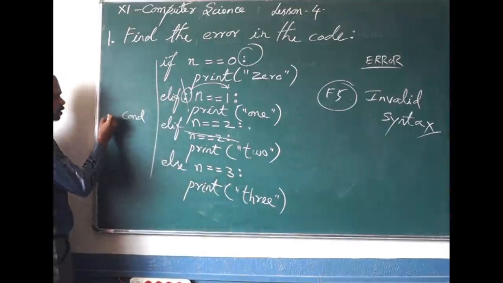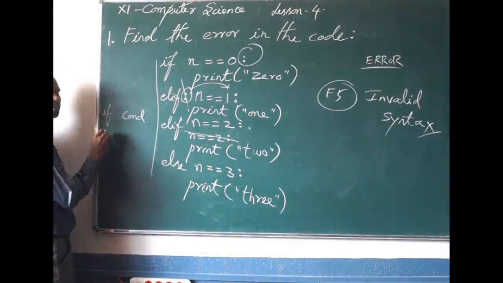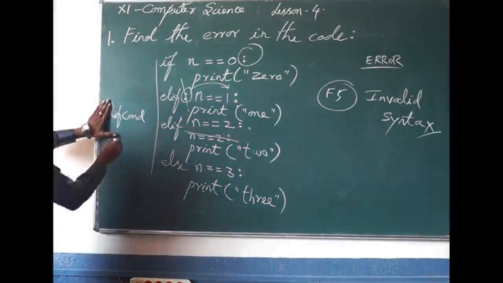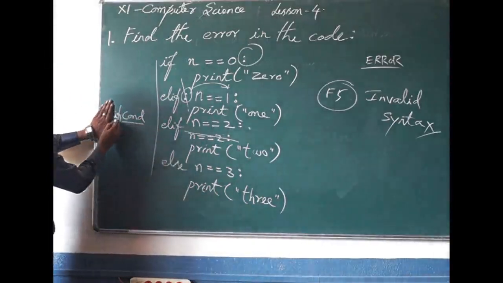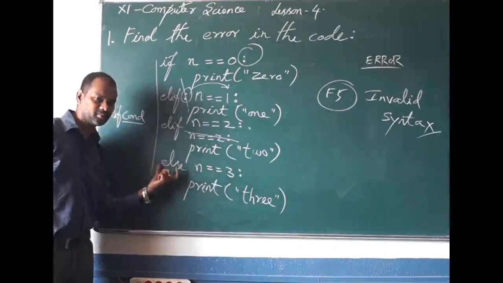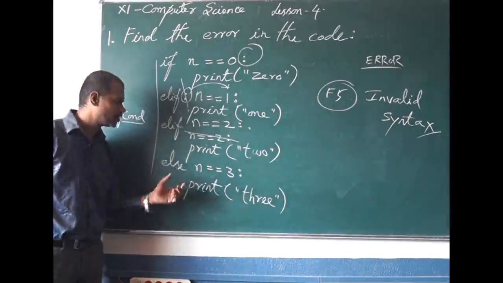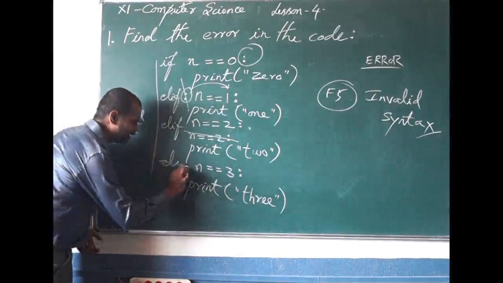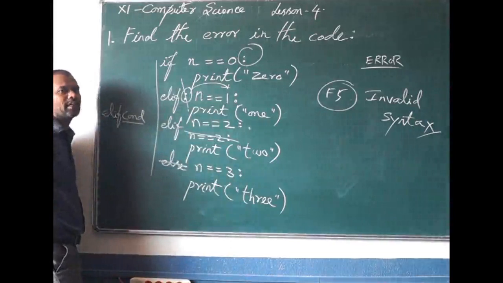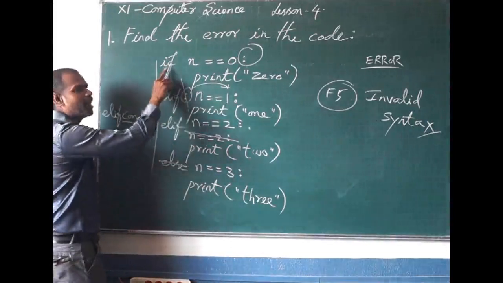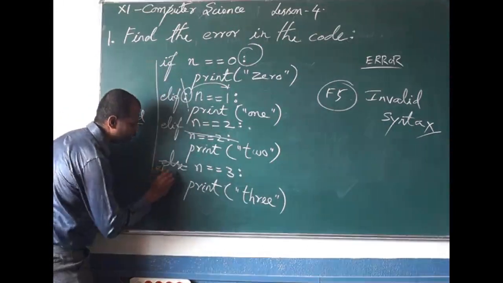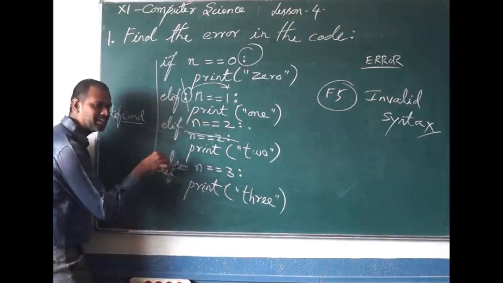Before the condition, either you have to write if, otherwise you have to write elif. But here, before the condition, what is there? Else is there. Else needs no condition. So before the condition, you should not write else. You have to write if or elif. Which one? The first time only you have to write if, and every next time you have to write elif. In the place of else, you have to write elif.